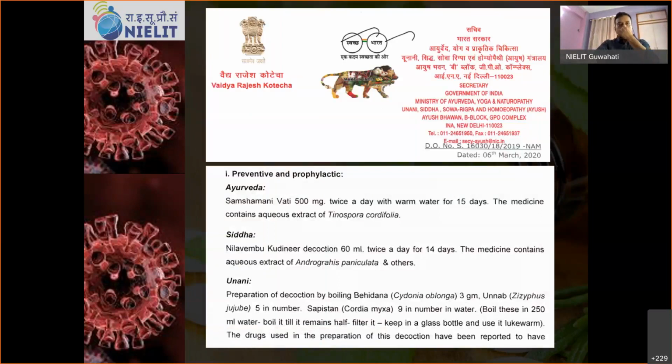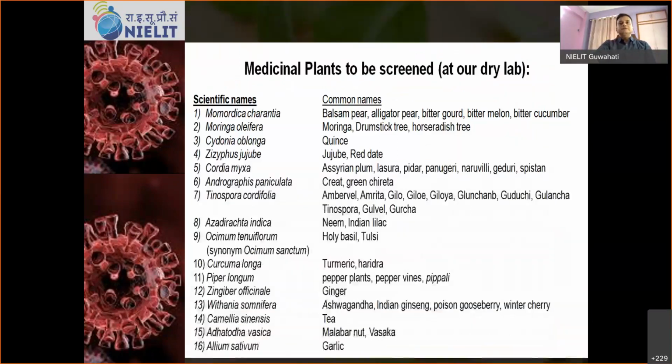We have a lot of things: Indian Ayurveda, Unani, Siddha. They have different recommendations for different diseases, including SARS-CoV-2 or COVID-19. So we can use those plants also for identification of the specific compound.